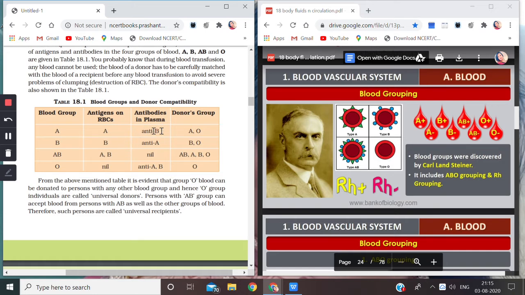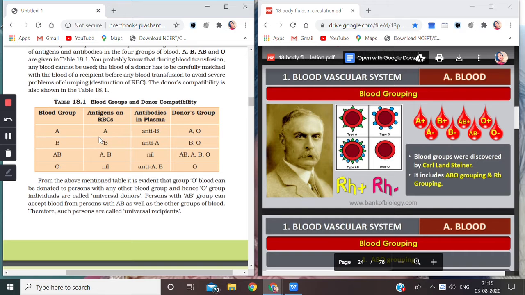So the body will respond against the blood group B, and hence this will be very fatal. It will be a great problem.